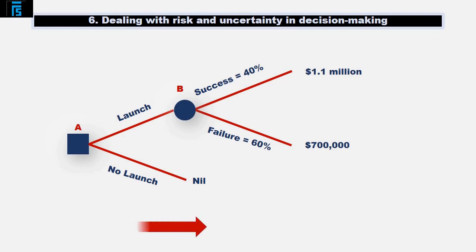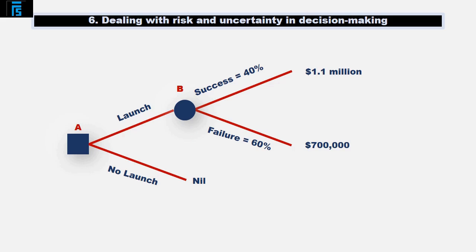Decision trees are drawn and read from left to right. A square node means a decision needs to be made. The decision maker can choose which route to go down from that node. In other words, Jack can decide whether to launch or not. A circular node is down to chance.